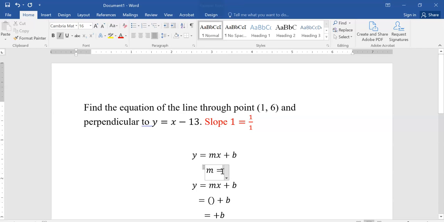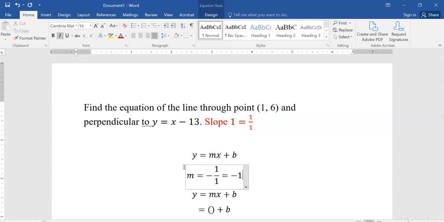That means that the slope that I want needs to be the negative reciprocal of 1. If I think about flipping this fraction, it's still 1/1, but I have to negate it because we're looking at negative reciprocals. So the slope of the line that I'm looking for is -1.